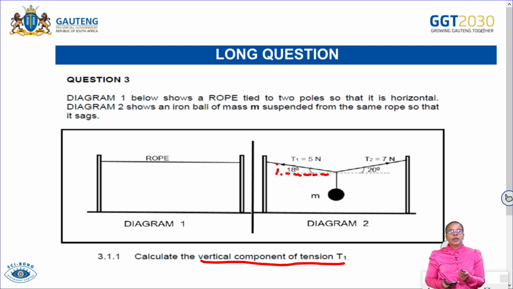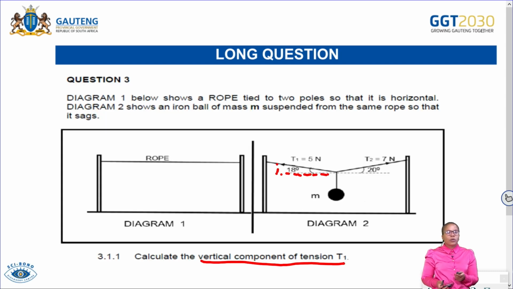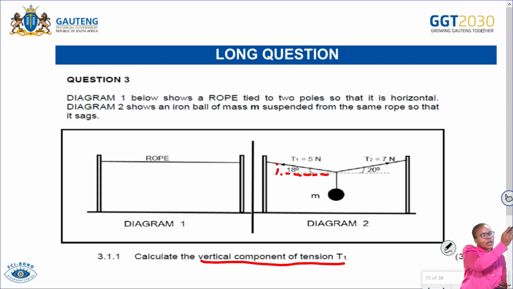Let's go back. We've answered our 3.1.1. That is how easy it is. Let's continue with our questions. 3.1.2: calculate the vertical component of tension 2, T2. Not only did we have to calculate the vertical component of T1, but now we also have to calculate the vertical component of T2.